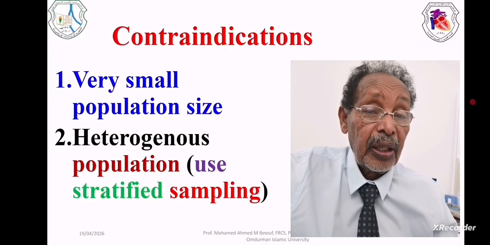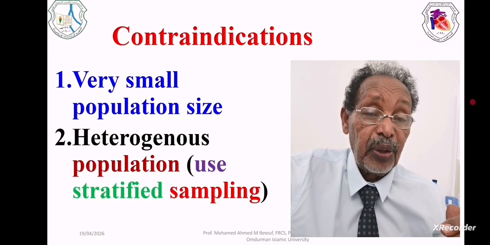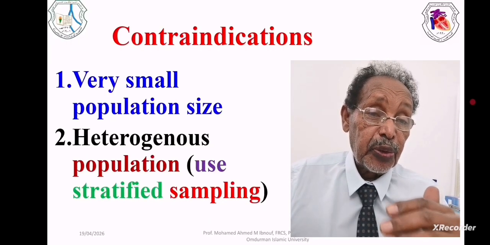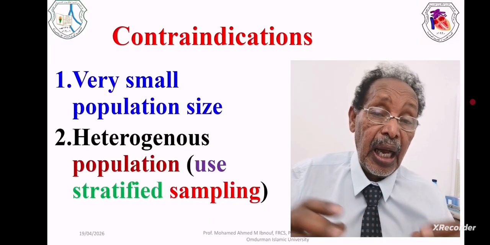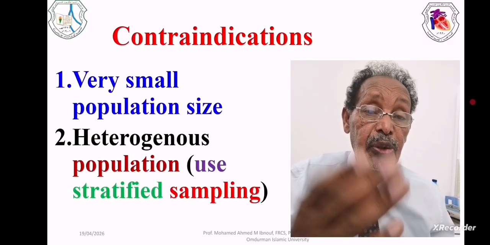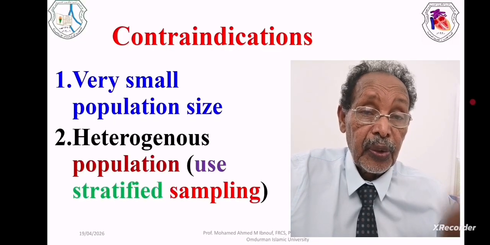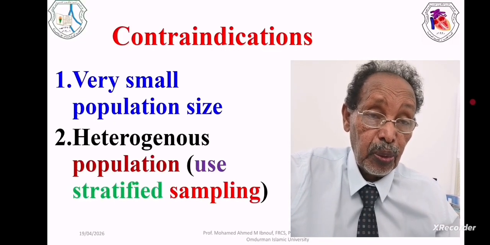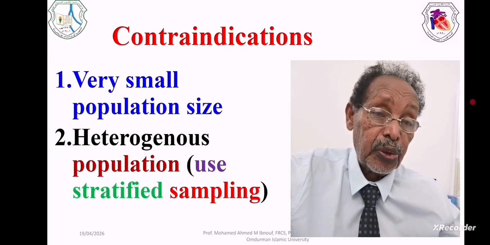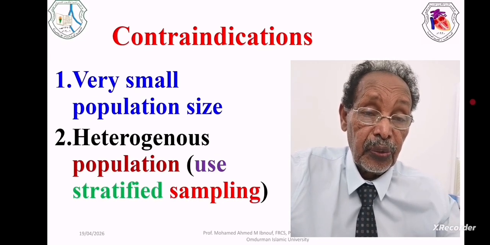And if the population is heterogeneous, we need to classify the population into strata. And from each stratum, we calculate the sample size. So we will not use Slovin's formula. So 2 contraindications: very small population size, we use the census, and heterogeneous, we do not use Slovin.